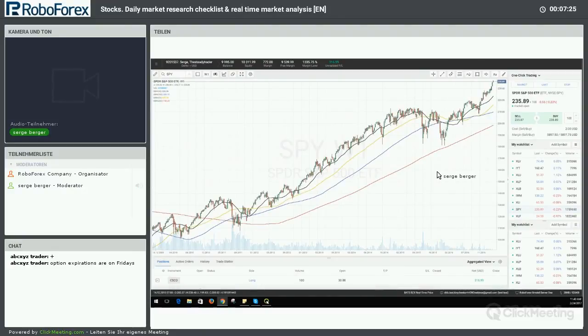Also important to understand is that particularly Friday afternoons, New York time, which starts in about 20 minutes from now, at midday, so noon in New York. The afternoon session on Fridays tends to be very choppy and lower in volume, and that's because people are already going into the weekend.